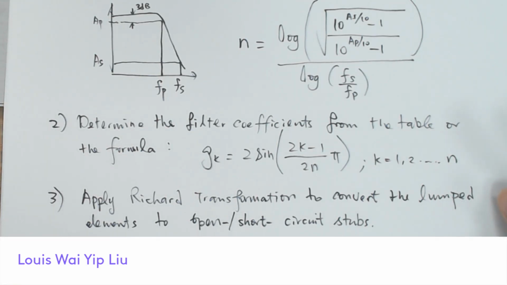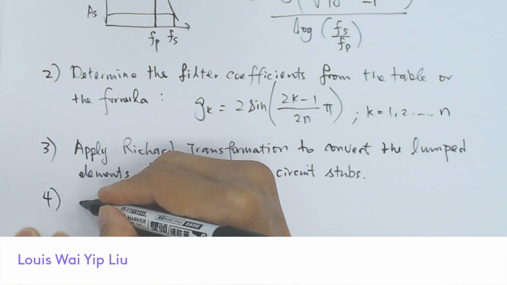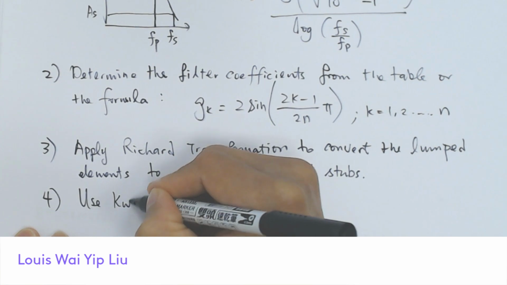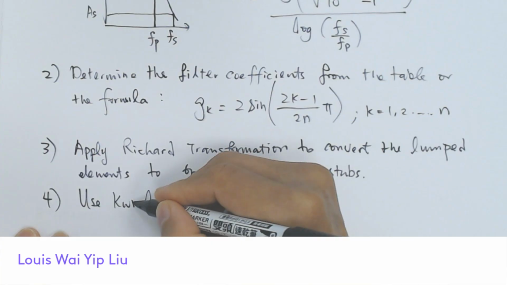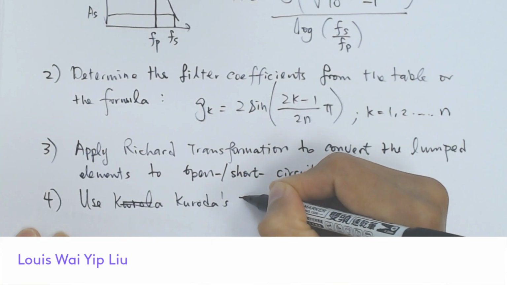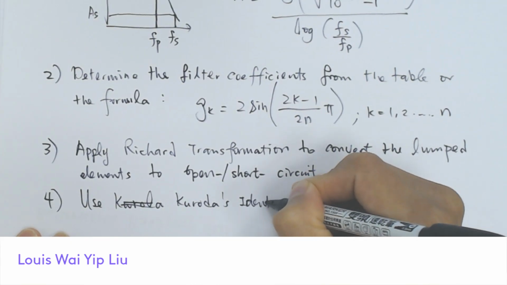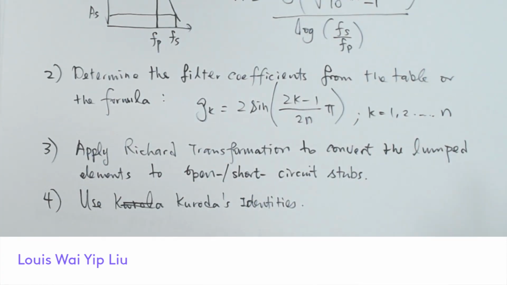And the way we do it is to use Kuroda identity. And perhaps before giving any examples, I'm going to explain how we can use the Kuroda identities more efficiently.